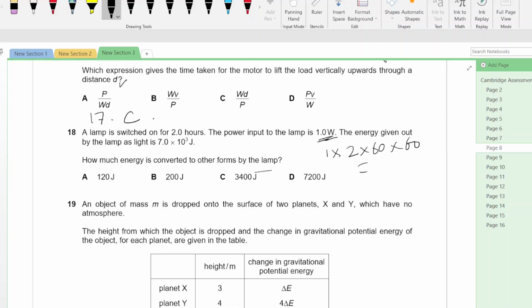Energy input is 7200 joule. And energy output is 7,000.